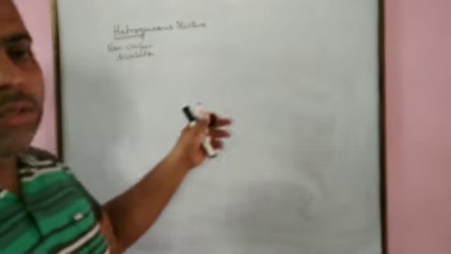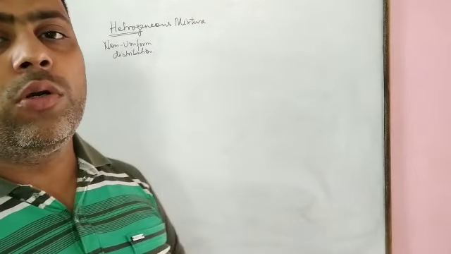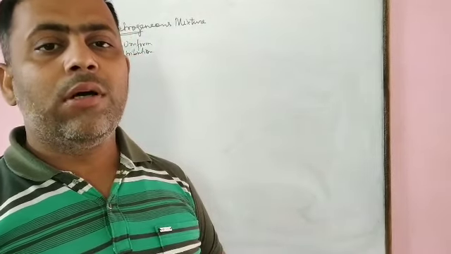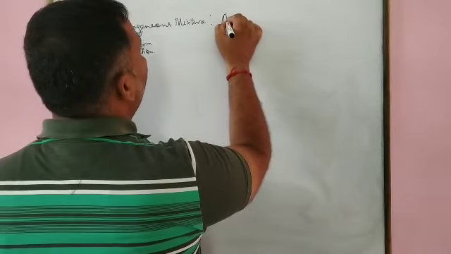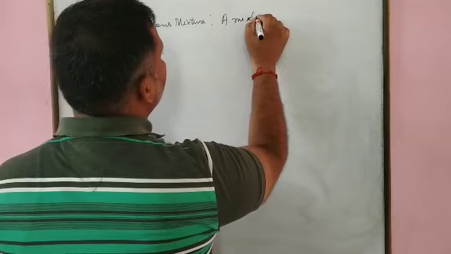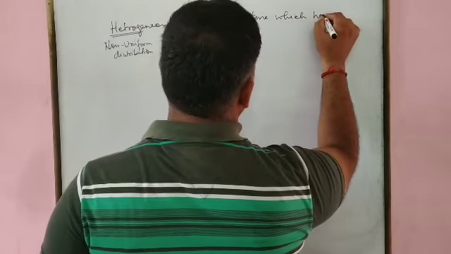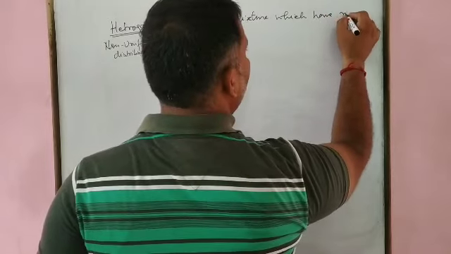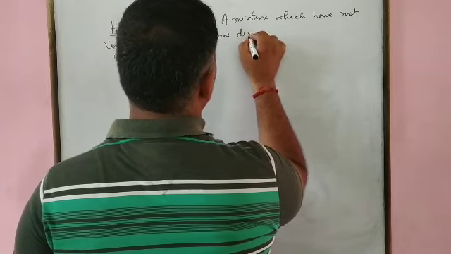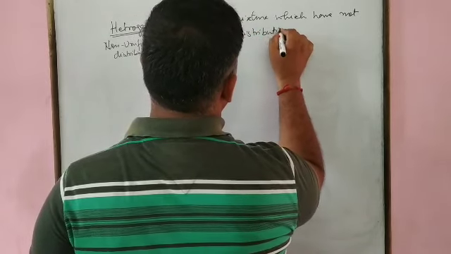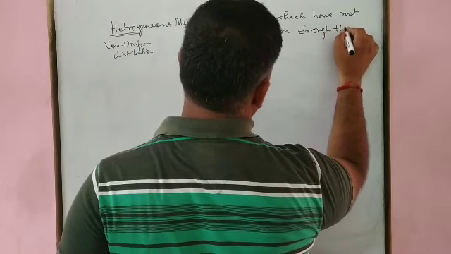It means a mixture in which the distribution is not the same throughout the mixture. That is termed as a heterogeneous mixture. What we know? Mixtures which have not the same distribution throughout the mixture.